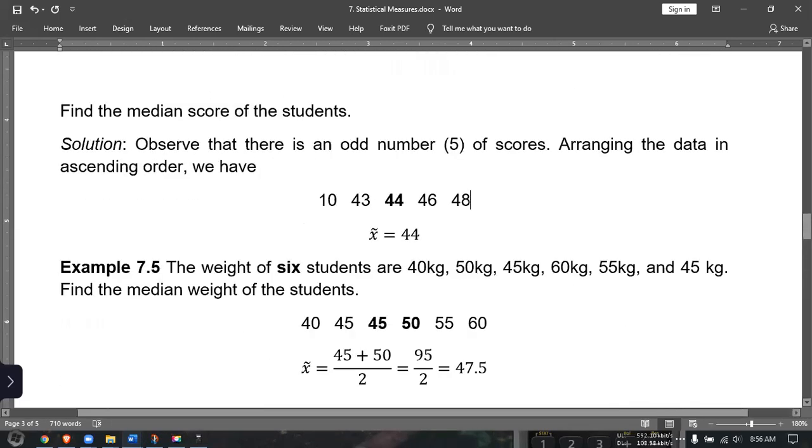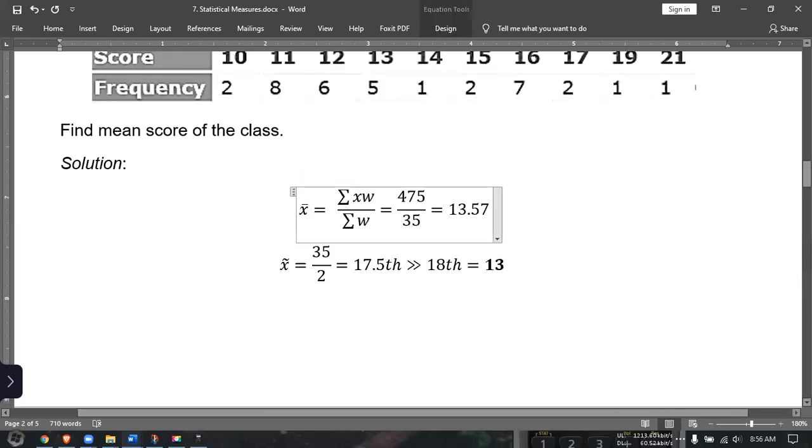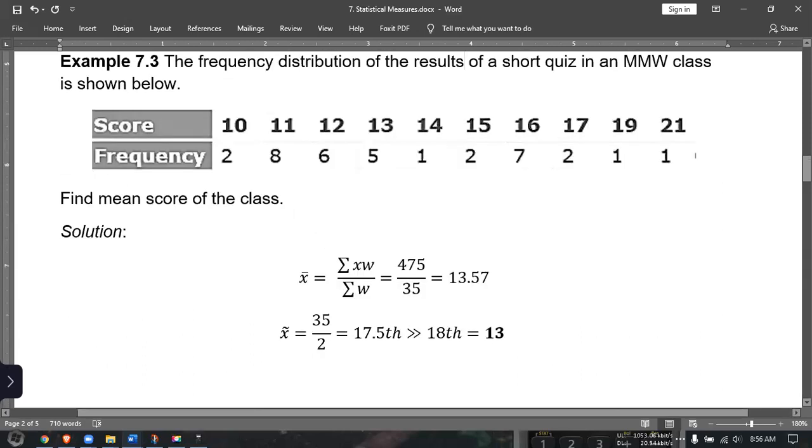Now, going back, what if we have data that contains weights, weighted data? How can we identify our mode? What is the mode in this particular example? It is the value that occurs the most number of times.